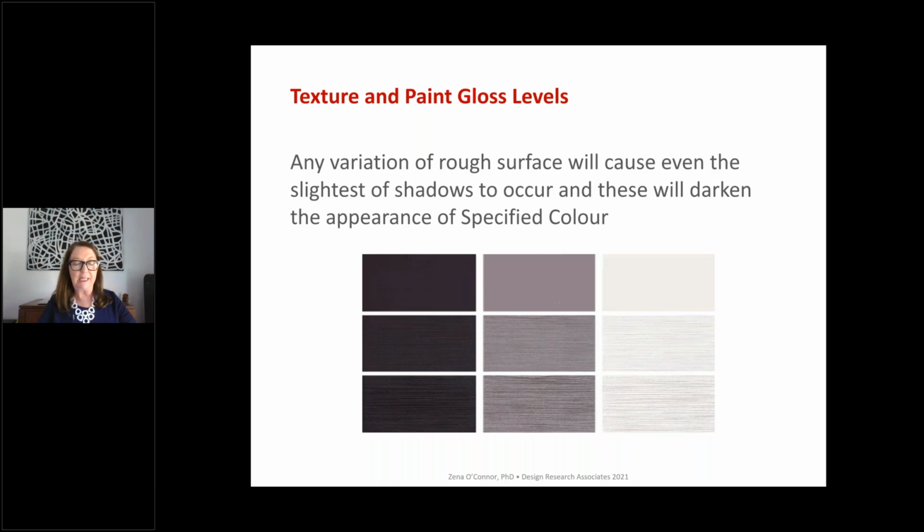This is obvious in this illustration here, where the textured areas start to appear slightly darker from a distance due to that textured surface and the shadows that texture tends to cause. To overcome the impact of textured surface, marginally increase the lightness level of the specified colour to counteract those texture shadows.